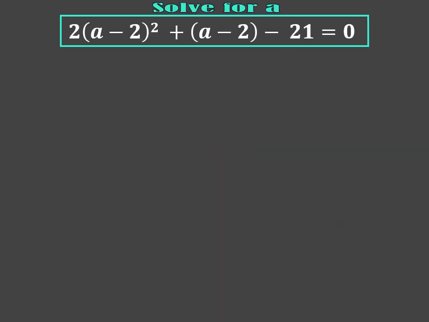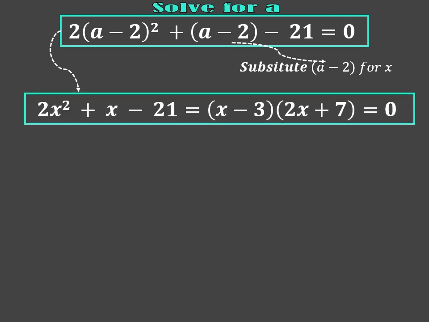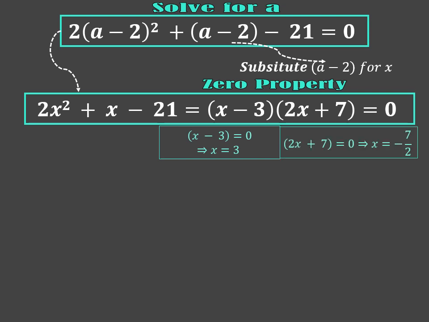Another example where we have to use substitution. So we're substituting a minus 2 for x. Therefore, my equation will change into 2x squared plus x minus 21. And this can be factored as such. We're going to use the zero property. Therefore, x equal 3 or x equal negative 7 over 2.